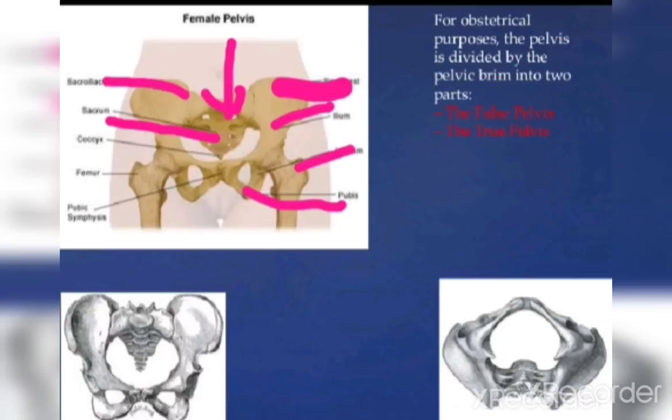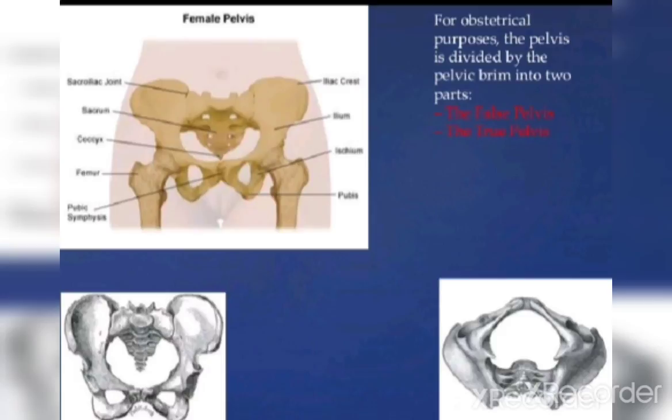Then you can see the ischium and the pubic symphysis joint. These are the rami of the pubis, superior rami and inferior rami, and the obturator foramen. So this is the bony part of the pelvis.